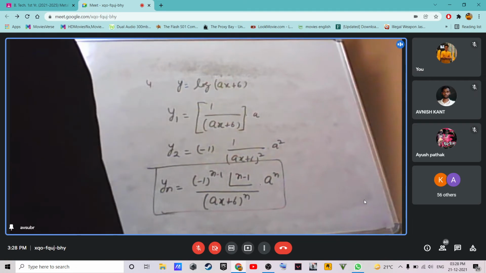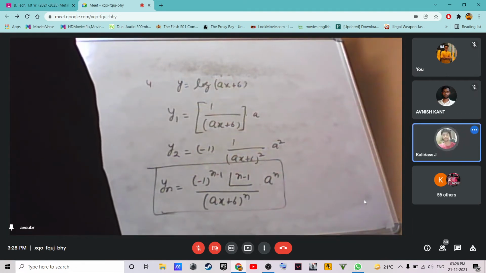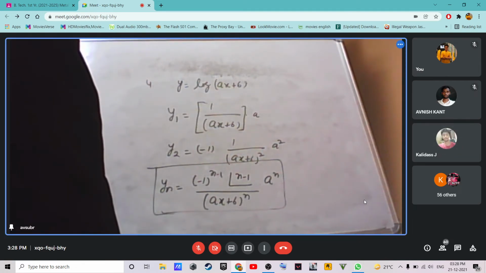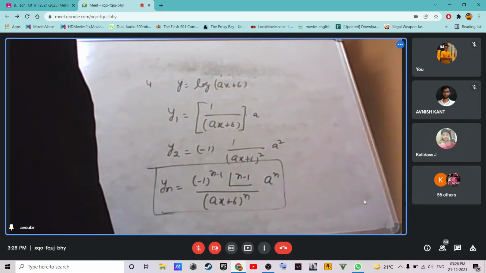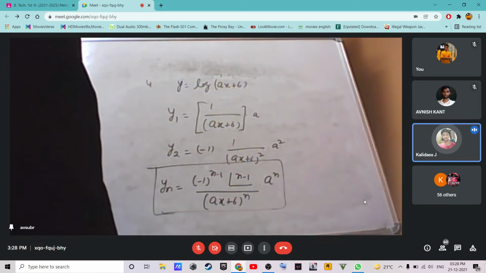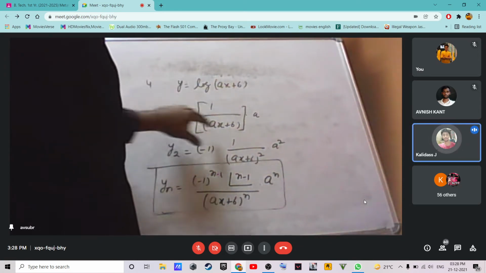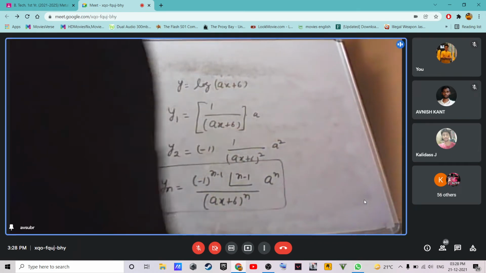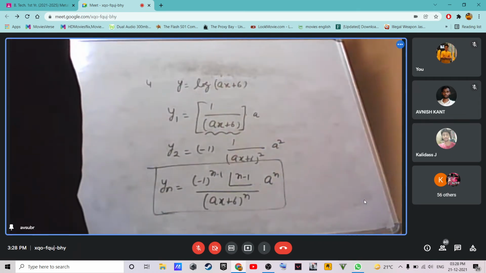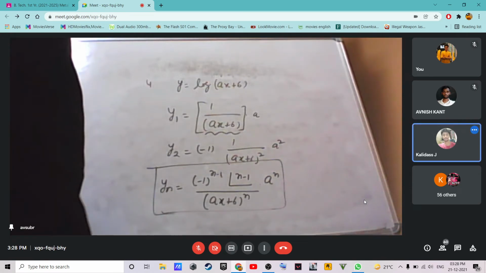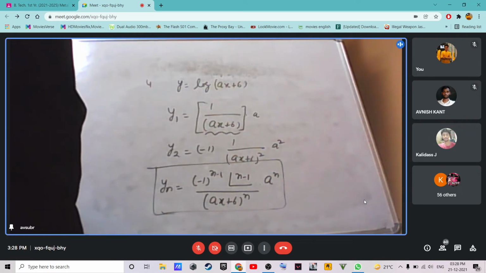Sir, we have to multiply with y1 now, sir. No, sir. From first derivative, we are taking as n minus 1, no, sir. First derivative was this. Okay, sir. First derivative is this, right?